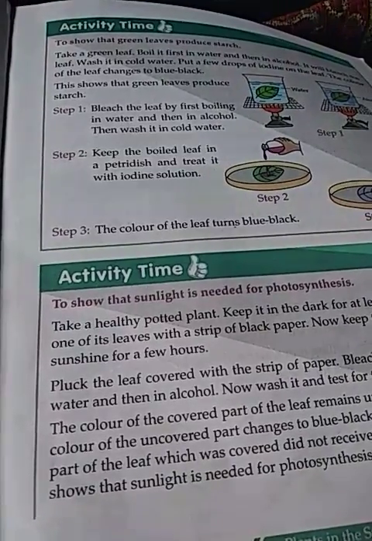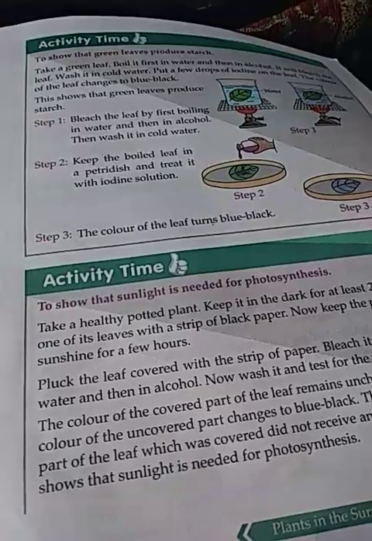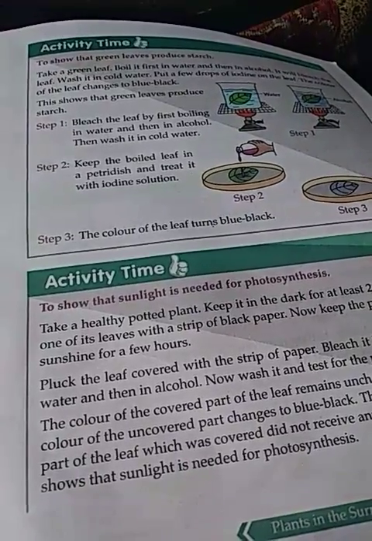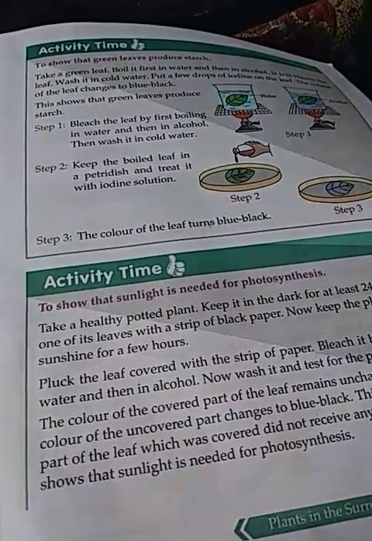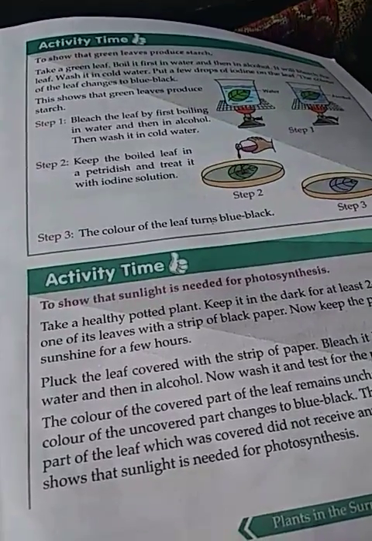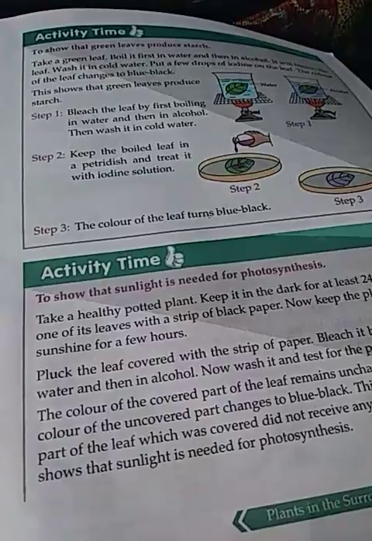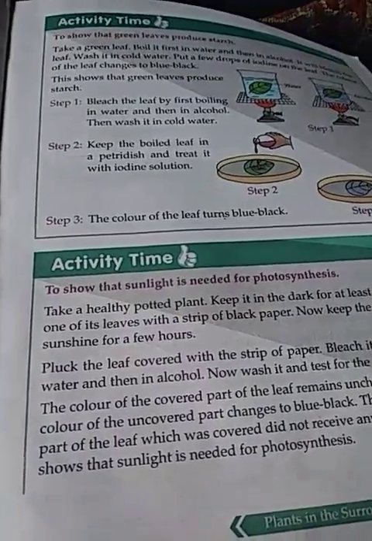So we have to prove that only in the presence of sunlight does photosynthesis occur, and when photosynthesis occurs, the plant will produce starch. Starch is the output of photosynthesis that we learned in our previous class.